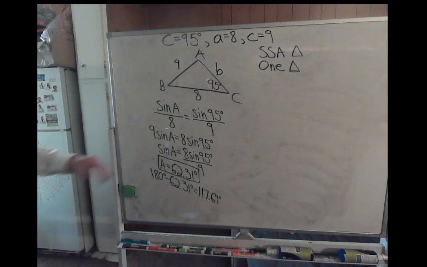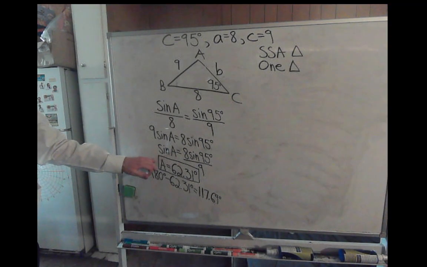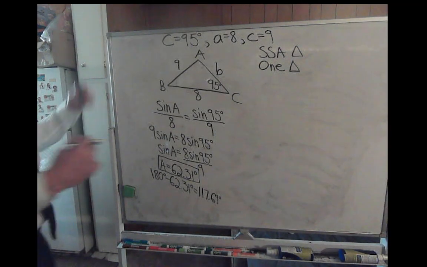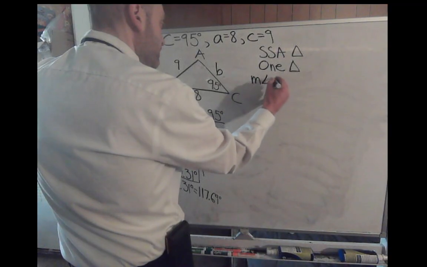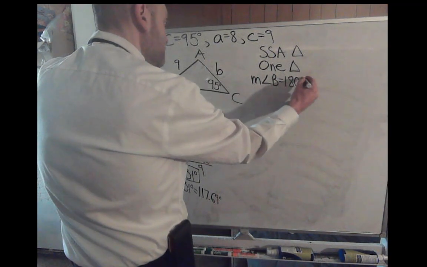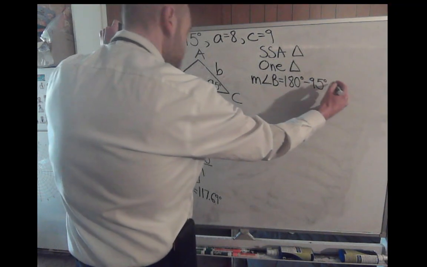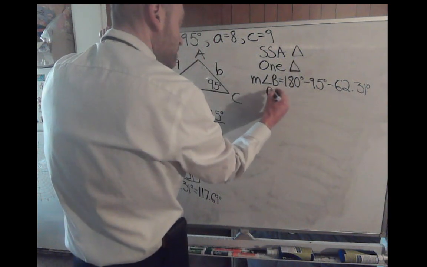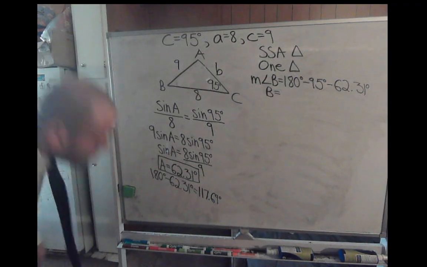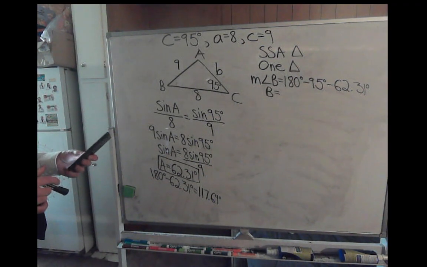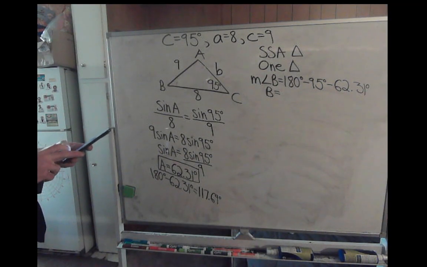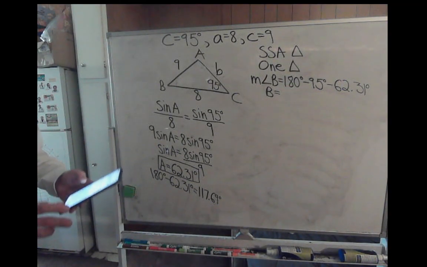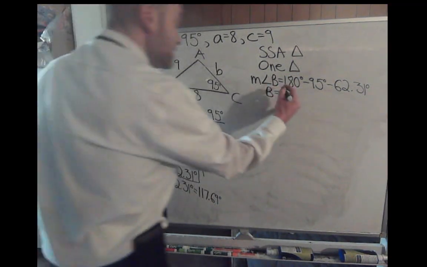So we know angle A now to be 62.31, angle C is 95, so we can easily figure out angle B. So that means the measure of angle B would be 180 degrees minus that 95 degrees minus 62.31 degrees, which now should give us an approximation for B. Should be 22.69 degrees.